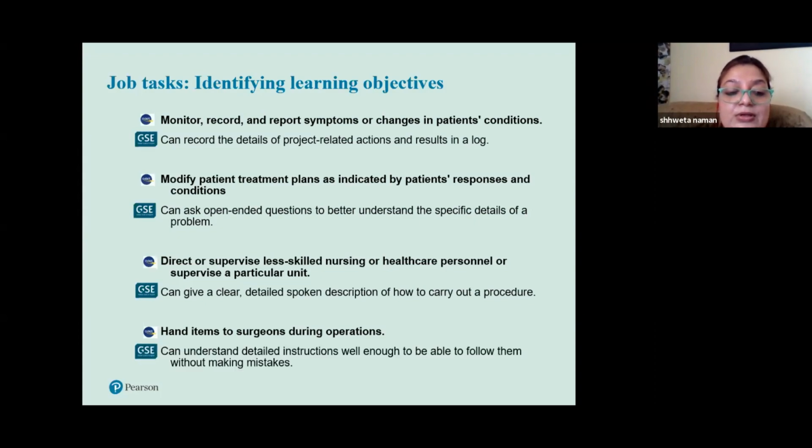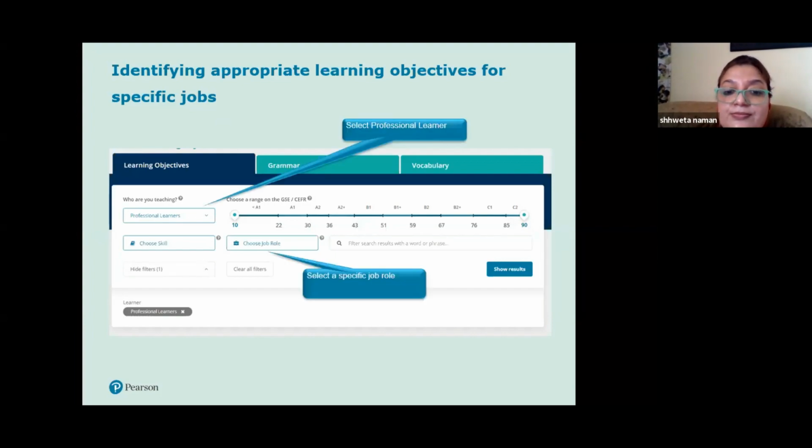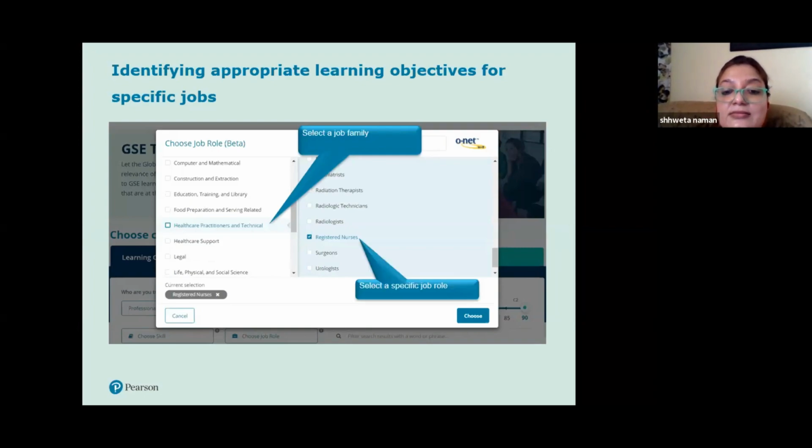So this is how the GSE can help in the job tasks and in identifying the learning objectives for specific jobs also. So that is also for English for specific purposes. You can see that for particular jobs also we have defined the learning objectives, whether it is for healthcare practitioners and technical, for a specific job role.